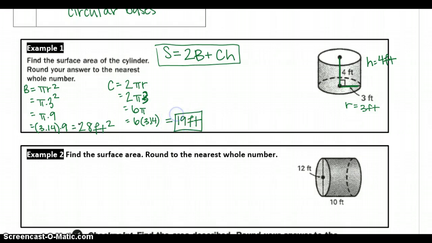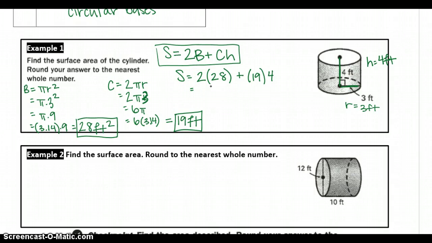So we have our circumference and the area of our base, and the height is given to us as 4 feet, so we can plug all of these into our formula. So S equals 2, for the area of the base, we can plug in 28, plus C is our circumference, which was 19, times H, which is our height of 4.